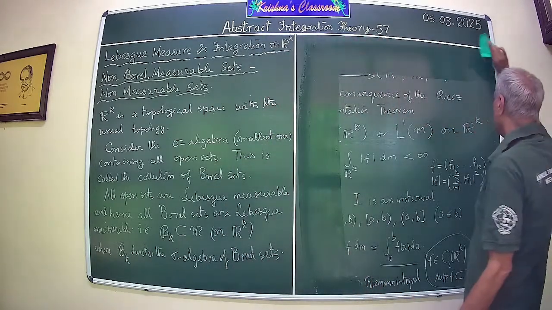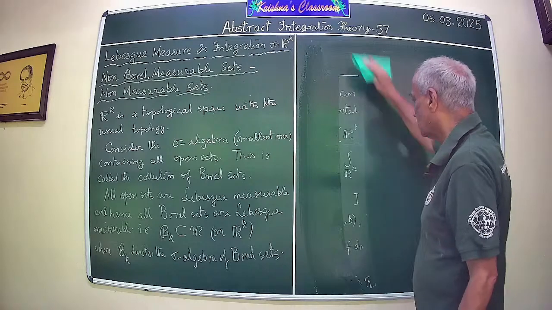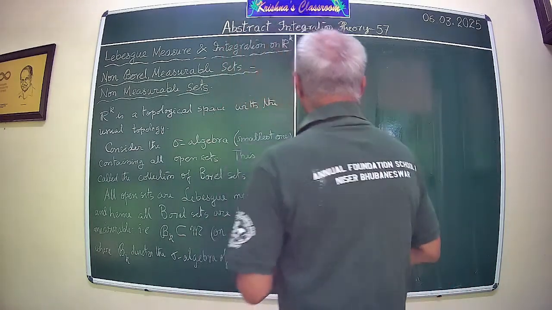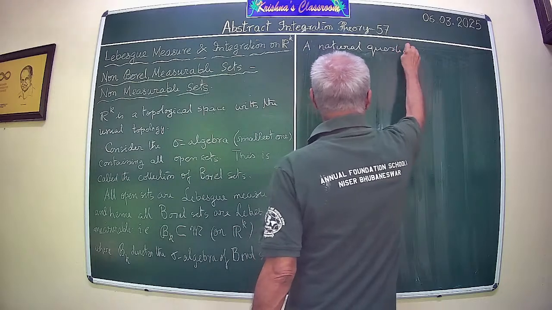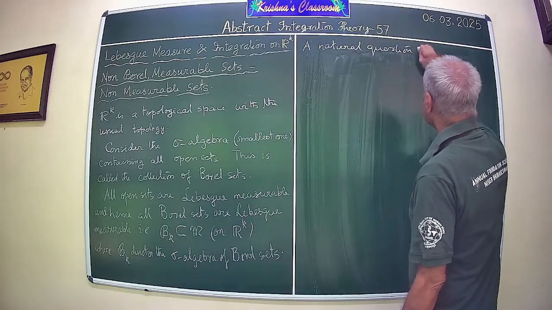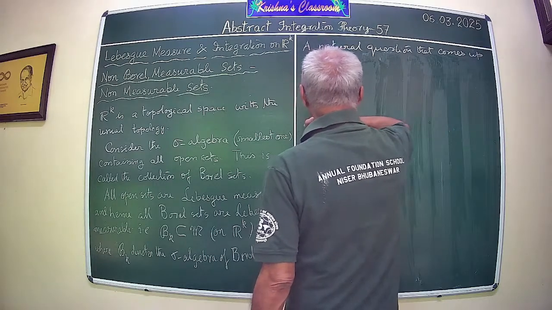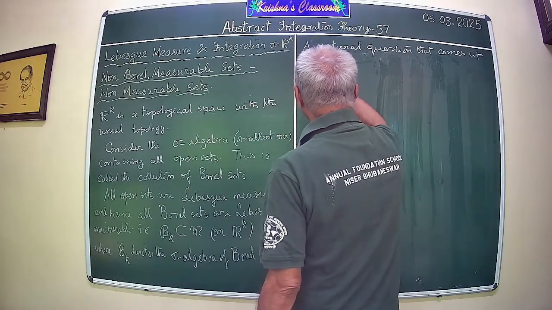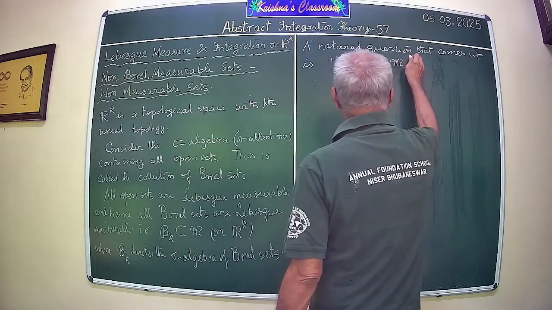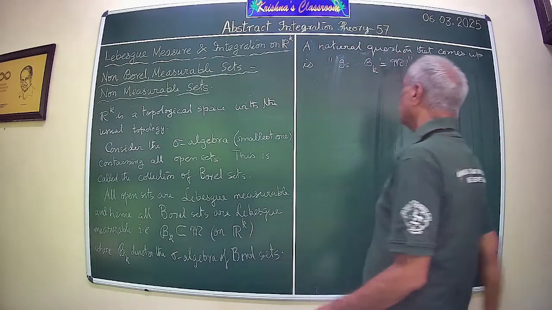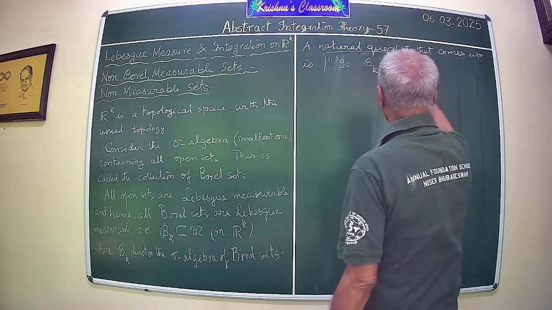One of the natural questions that comes up is: is B_k equal to M? This is the question that we naturally ask.